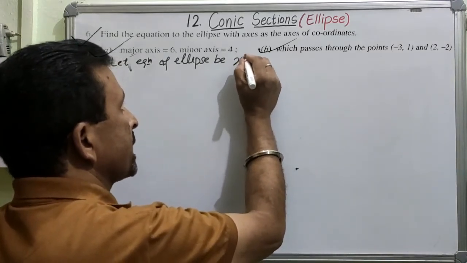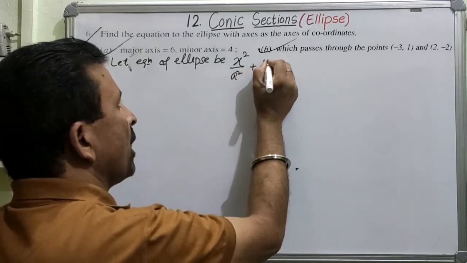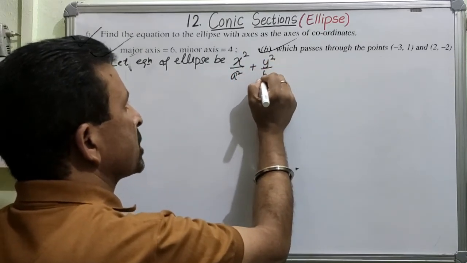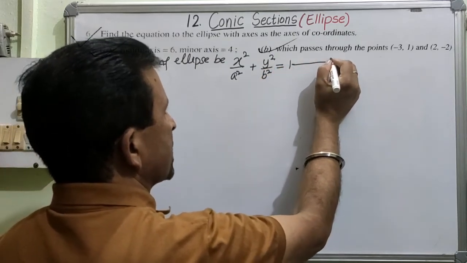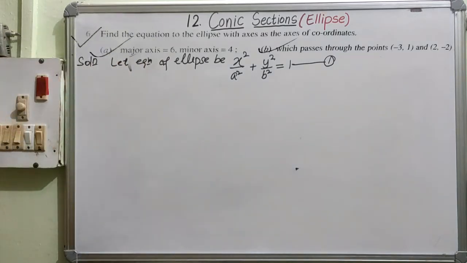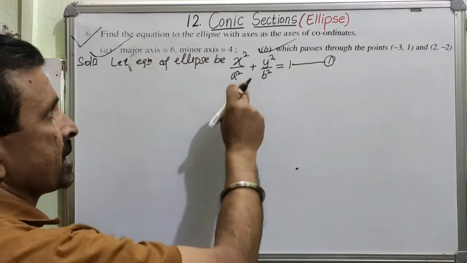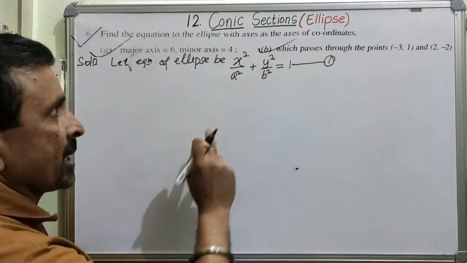This is x square over a square plus y square over b square equal to 1. This is what we have assumed as the equation of the ellipse. Now, this ellipse is passing through the first point, whose coordinate is (-3, 1), which means it should satisfy the equation.